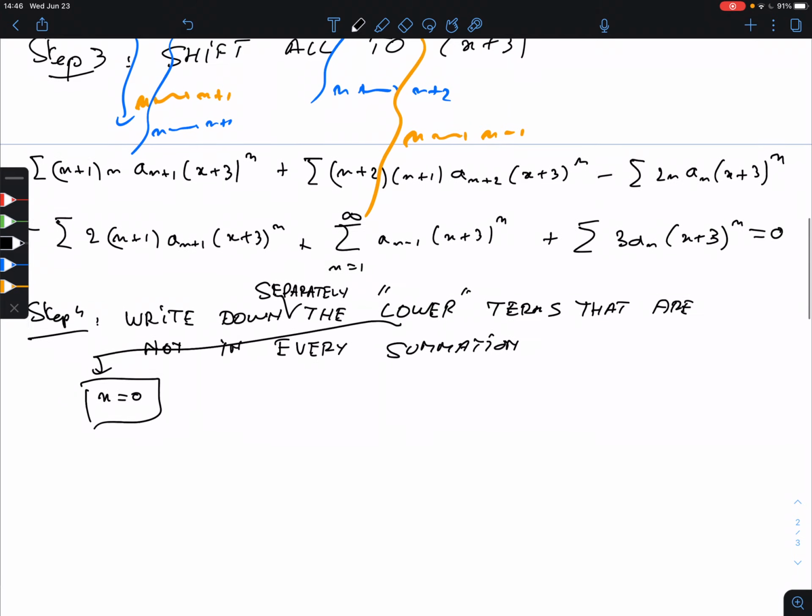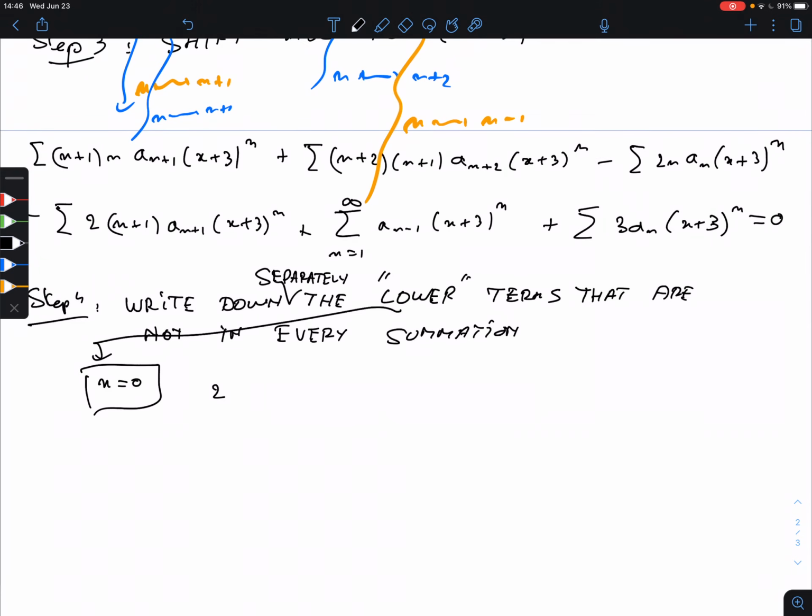So in this case, for n equals 0, we get 2 times 1 times a_1. No, sorry, I'm looking at the wrong one. Here I plug in n equals 0. No, there's no term here. Here we do get a term: 2 times 1 times a_2. Here we don't. The next one we don't get a term because of the n.